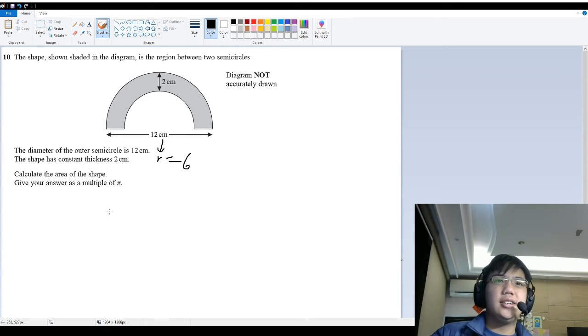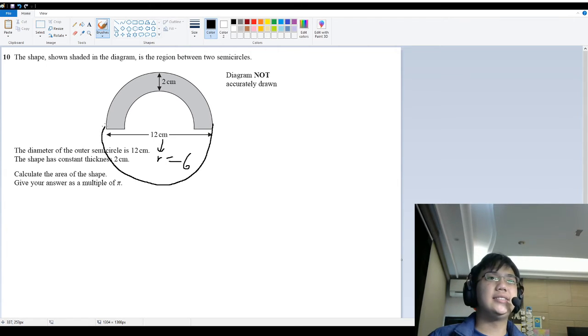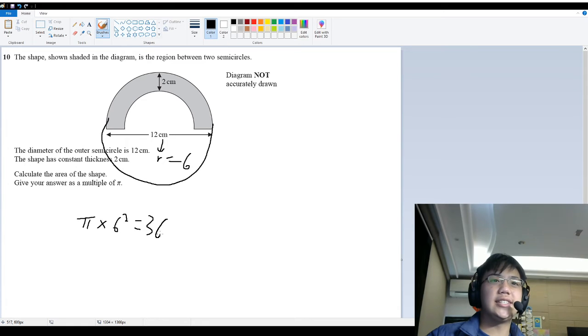So to find the area of the bigger circle that extends here, we calculate pi times 6 squared, which is equal to 36 pi.